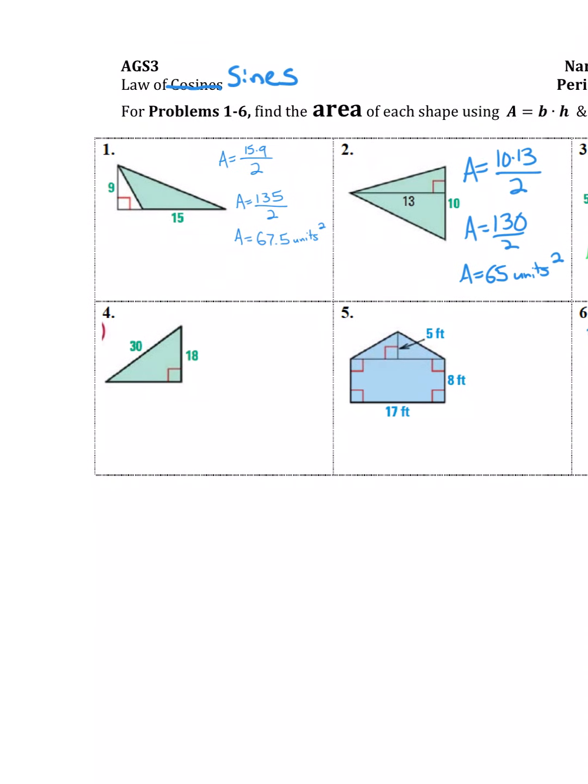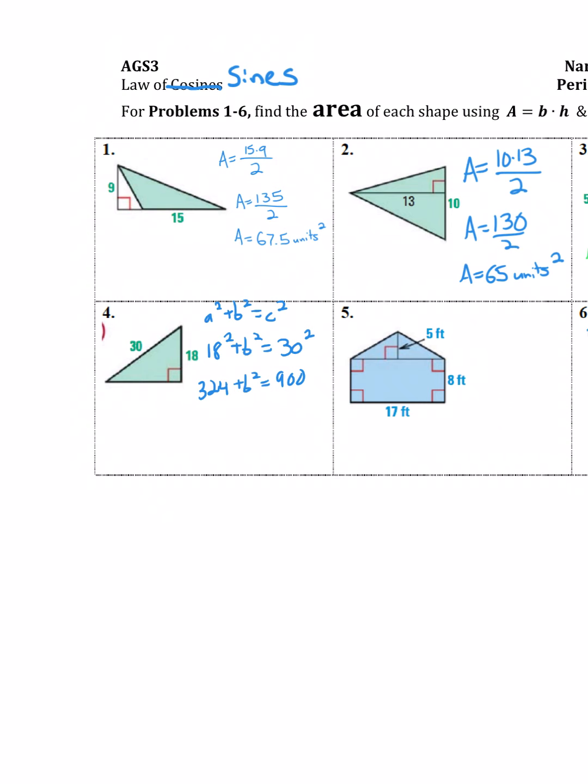Okay, problem number 4, base times height. Again, we're going to need to use Pythagorean theorem, a squared plus b squared equals c squared, to find that missing side length, because 30 is the hypotenuse. So I get 18 squared plus b squared equals 30 squared. 18 squared is 324. 30 squared is 900.